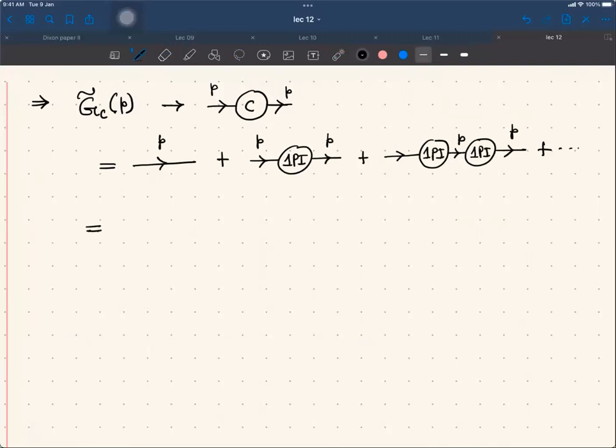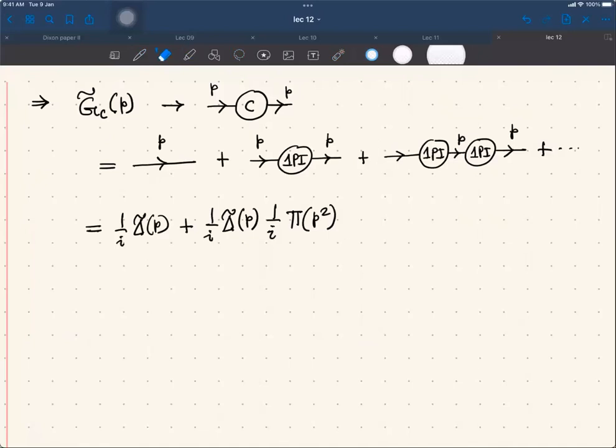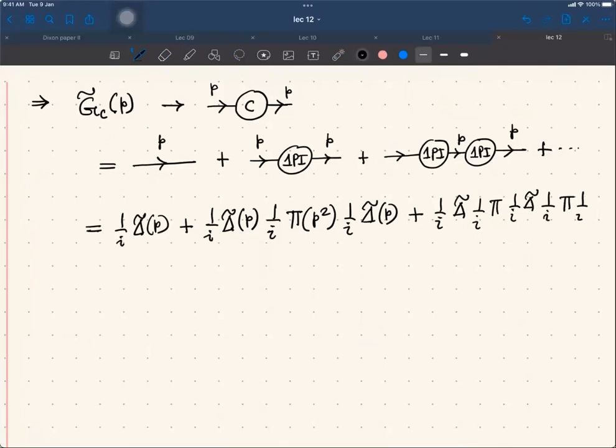So then the corresponding math expression will be 1 over i delta tilde, plus 1 over i delta tilde times i pi times 1 over i delta tilde, plus 1 over i delta tilde times 1 over i pi times 1 over i delta tilde times 1 over i pi times 1 over i delta tilde.